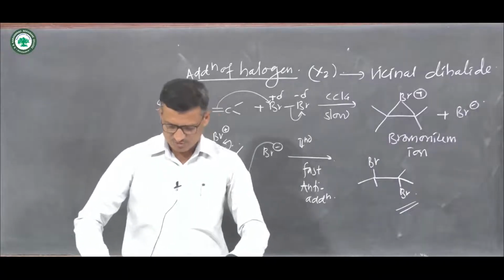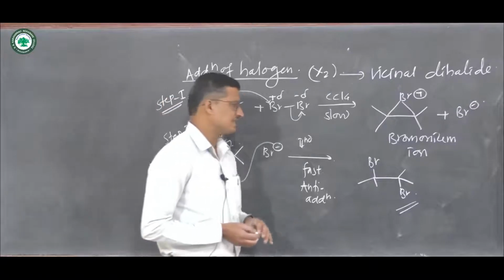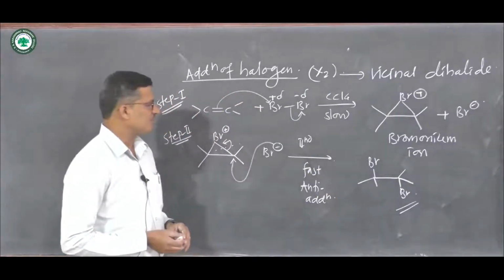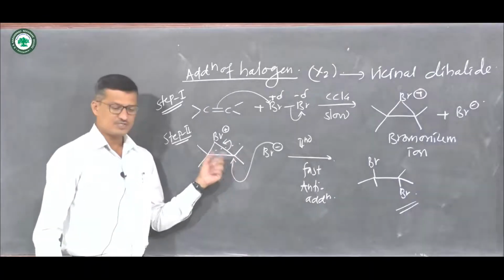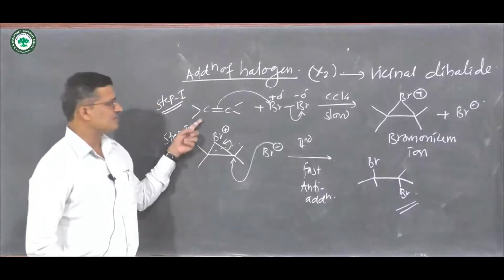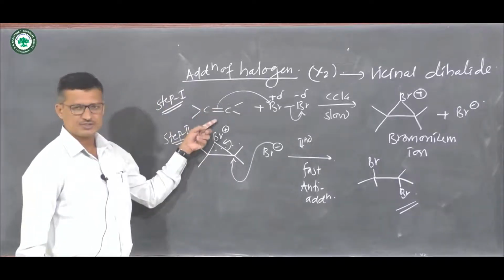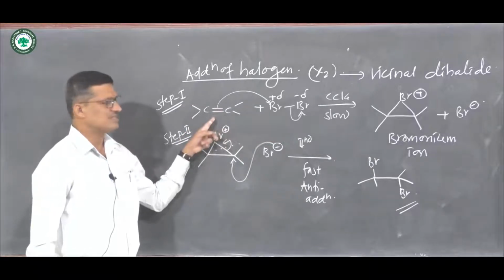But what is the support for this mechanism? There are two or three points that support this simple mechanism of addition of halogen. What is the first support? The kinetics. What is the kinetics of this reaction? The kinetics shows that the rate of the reaction depends on the Br2 as well as the alkene.